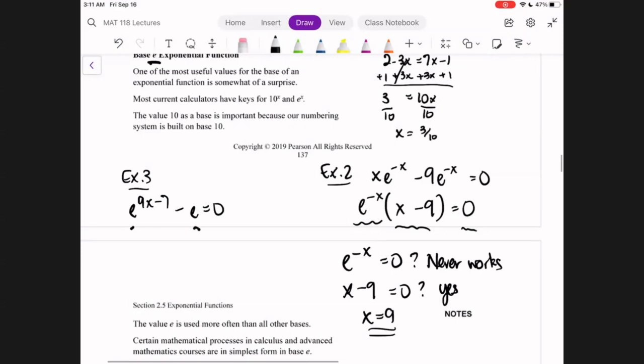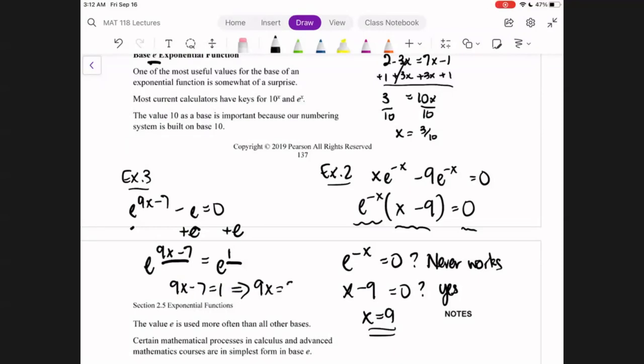So what I'm going to do is add over e, and now I have the same base, right? Remember, if you don't see a power, it's understood to be 1. So now I can just say that 9x minus 7 equals 1. And go through the practice here. You get 9x equals 8 if I add over that 7. So I get x equals 8/9 for this result here.